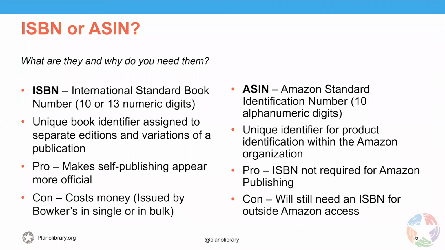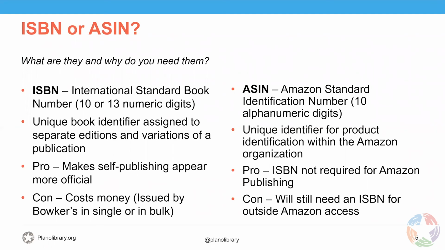Now, an ASIN is an Amazon standard identification number, which is typically 10 alphanumeric digits. It's a unique identifier for product identification within the Amazon organization. So a pro of that is if you're going the route of Kindle book publishing, an ISBN is not required for any Amazon publishing.